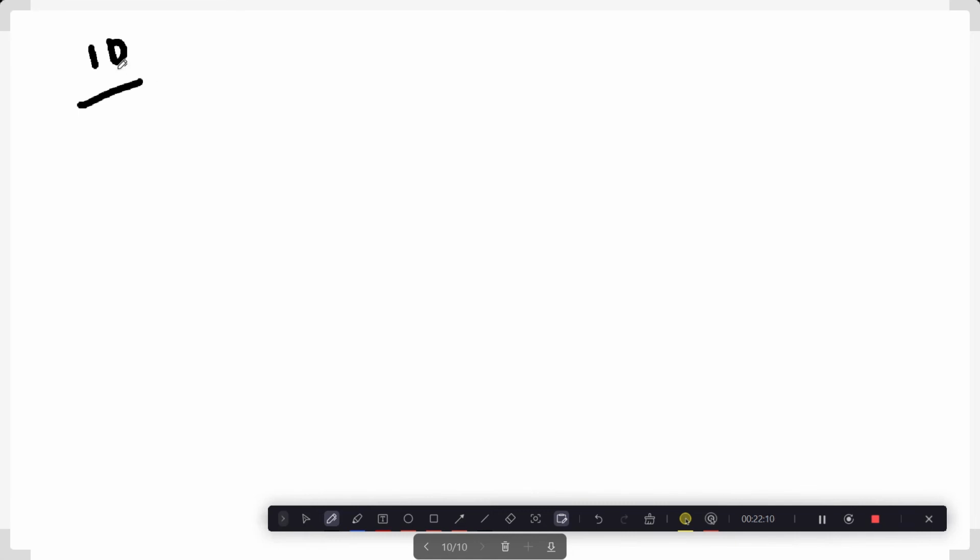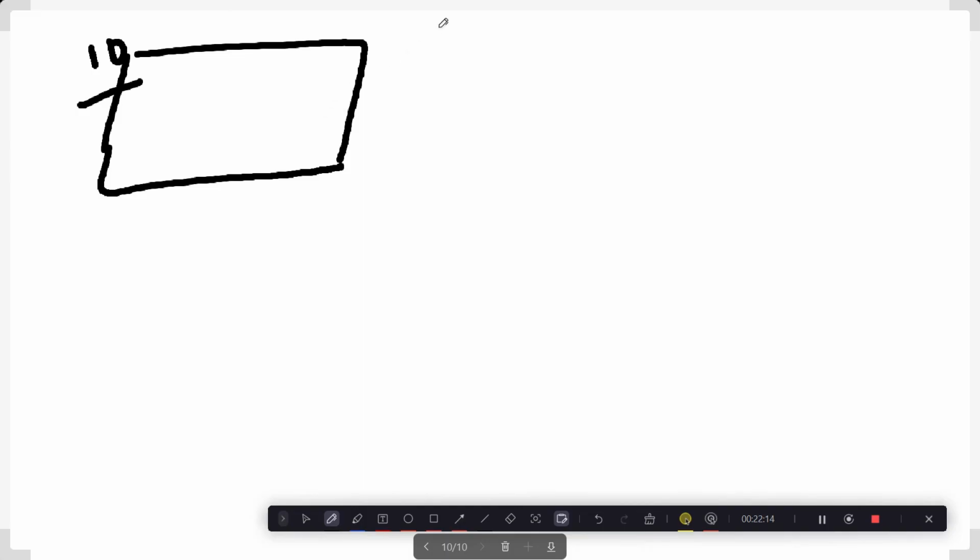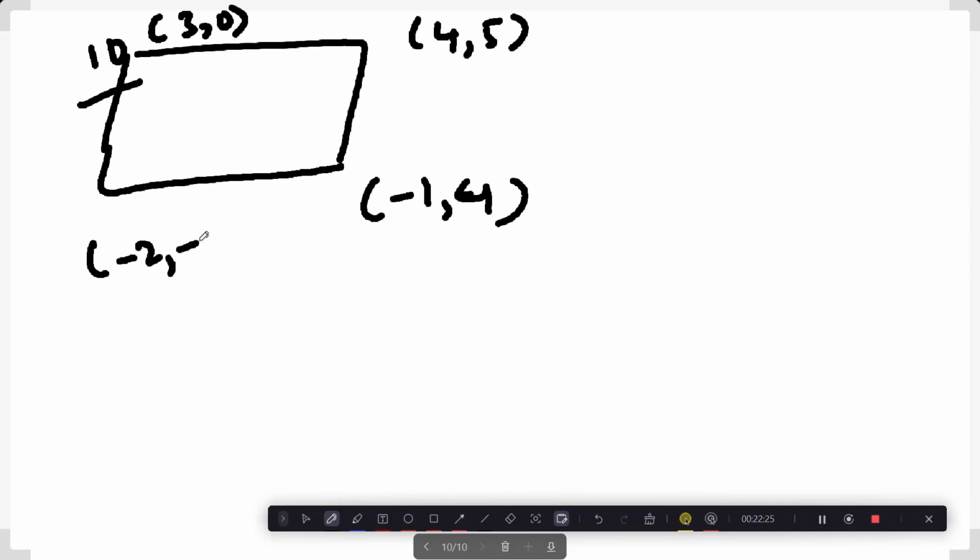Find the area of a rhombus if the vertices are 3, 0, 4, 5, minus 1, 4, minus 2, minus 1.